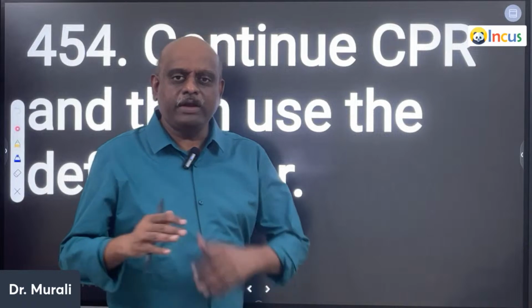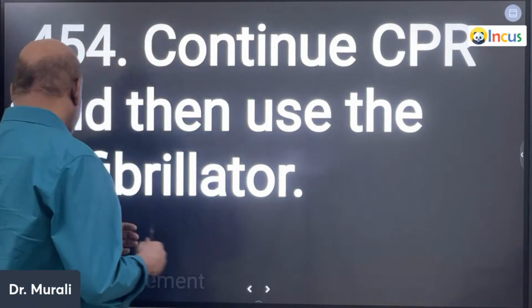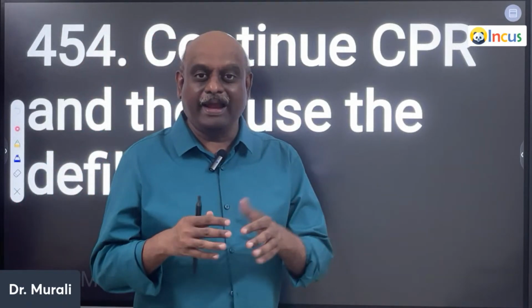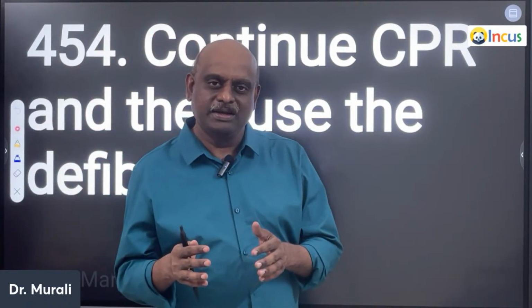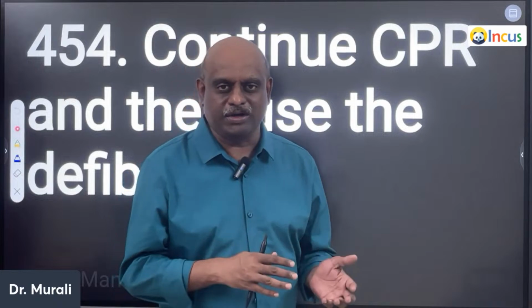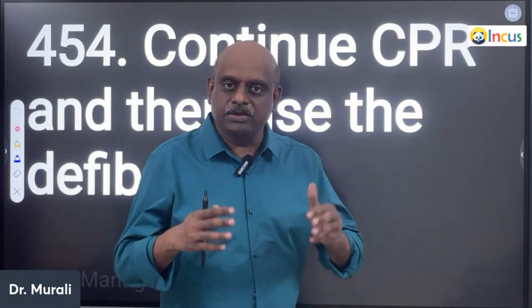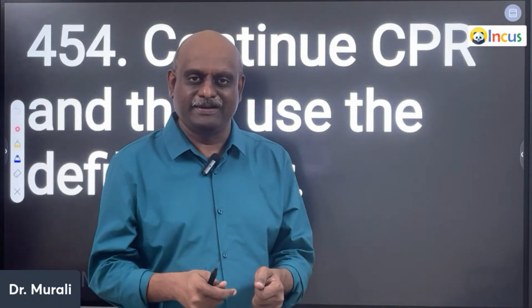Now, whenever you are doing resuscitation, CPR, what will you do? You do the CPR and then check whether the condition can be defibrillated or not, right? So, if it is good to go for defibrillation, then you will defibrillate, right?